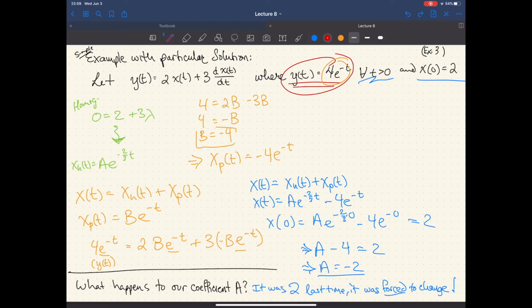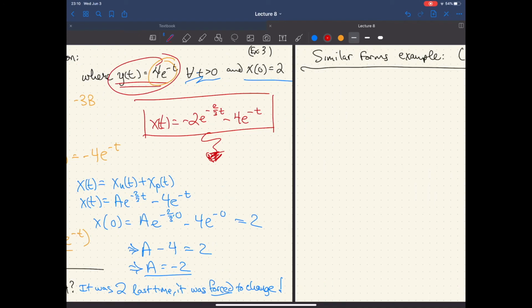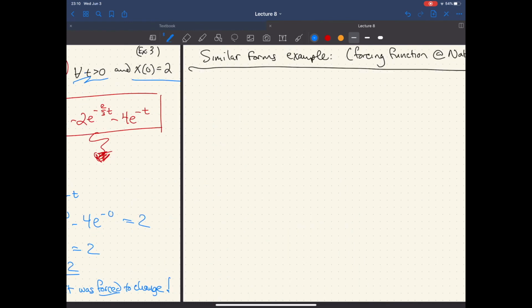So let's write this out in red. x(t) is equal to, I always try to write the homogeneous solution first, so minus 2 e to the minus 2/3 t plus minus 4 e to the minus t. That's it. And then I leave you checking it as an exercise because I hate doing that. I'm too lazy. I'm a mathematician, okay? I'm also an engineer, so I shouldn't be that lazy, but oh well.